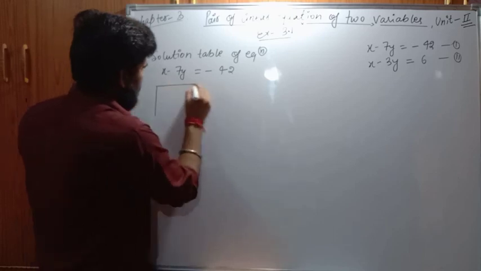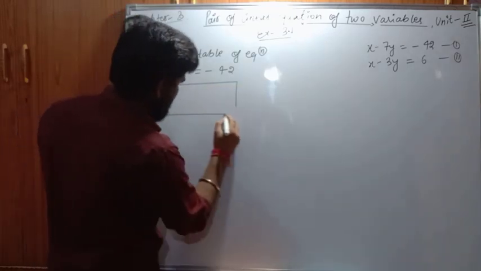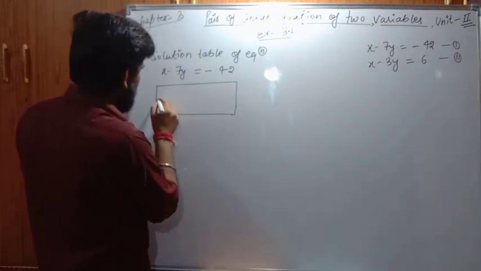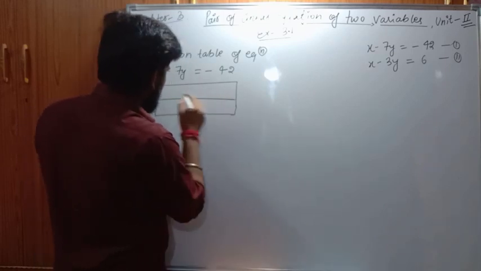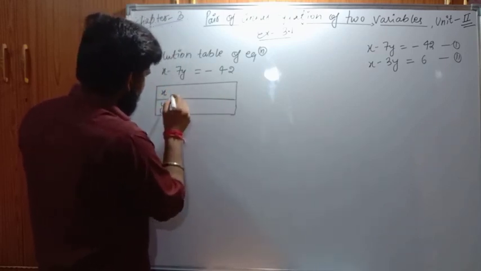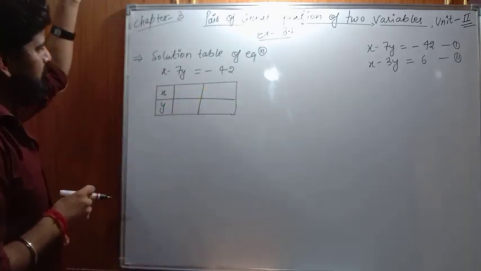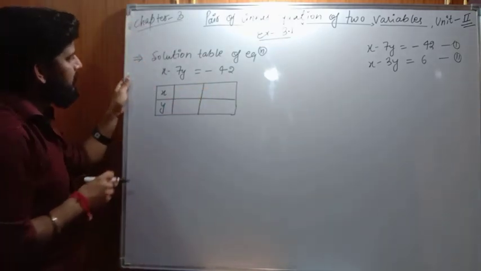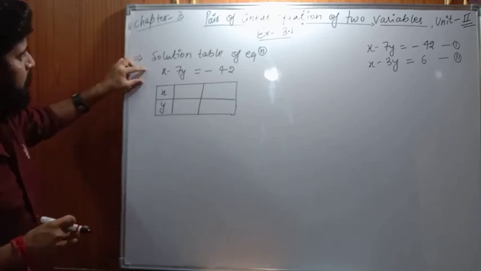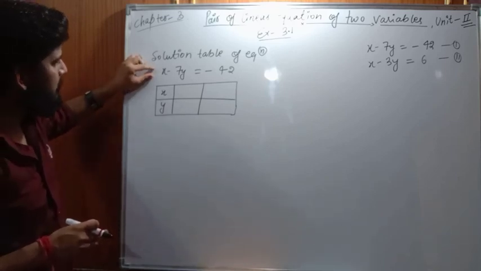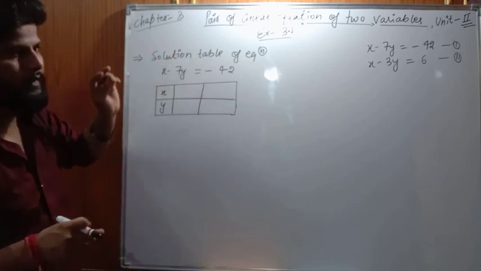So in the solution table, as we can see, there are two variables. So we take one x variable and a second y variable. Okay. So what do we do here? We put the value of x and we will get the value of y.